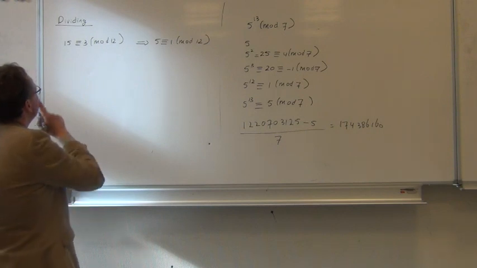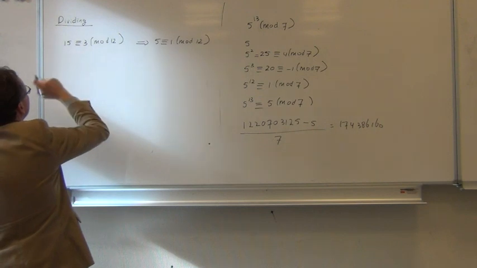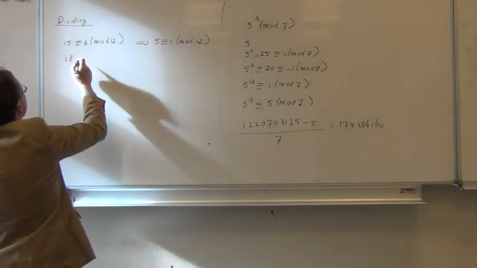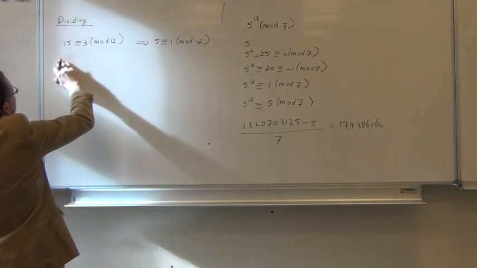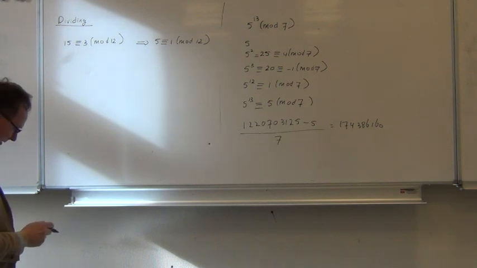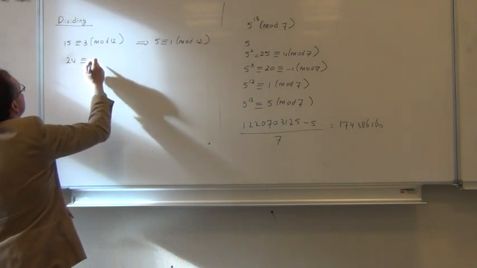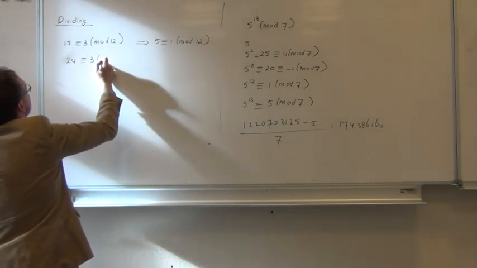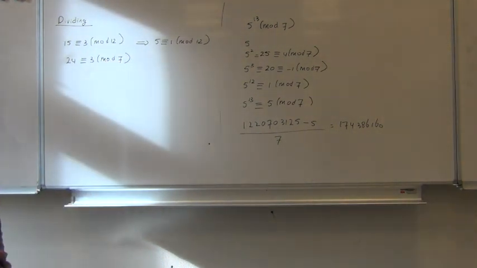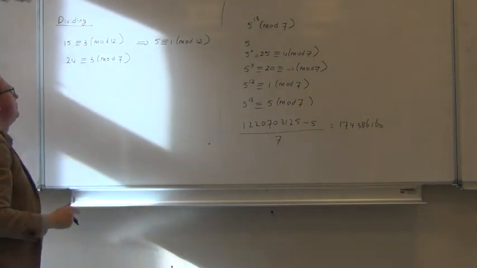So let's do another example. Let's look at a better example. So 24 congruent 3 modulo 7. That's true, isn't it? Because 3 times 7 is 21, plus 3 is 24.